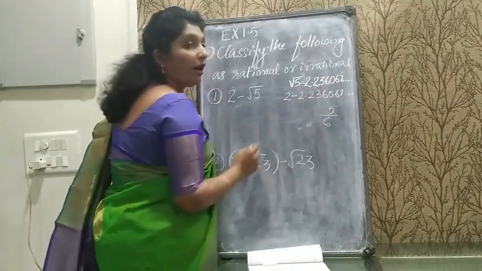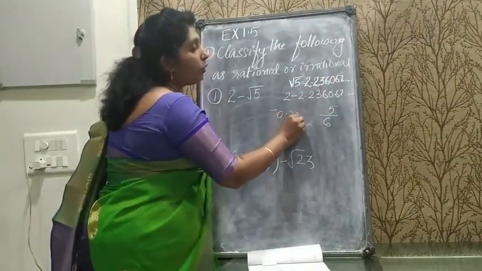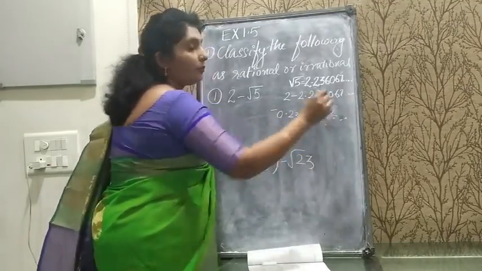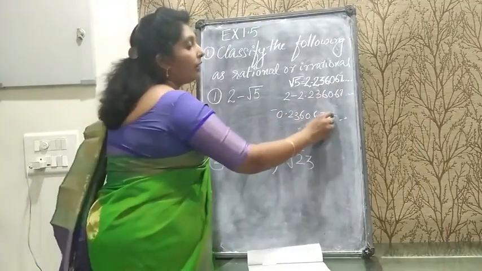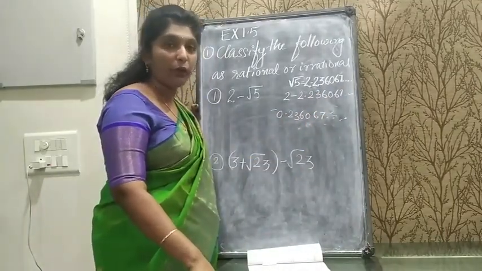Then you will get minus of decimal 0.236067, etc. This number is not going to end, so it is an irrational number. That way you can write it.